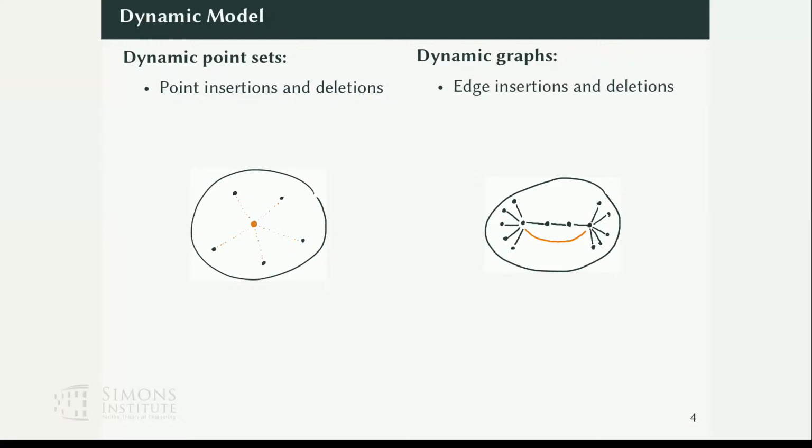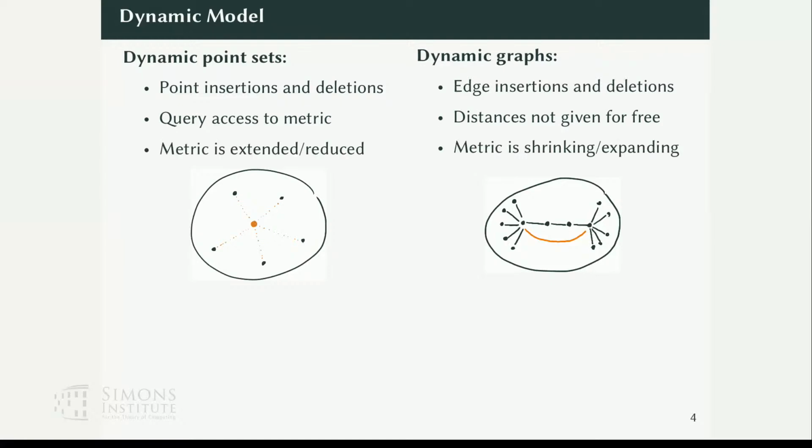Then there are many changes in this metric, right? So here we extend the metric by this point, and the other points are somewhat unaffected. And here we insert this edge, and it could happen that Omega(n^2) pairs change their distance, so the metric is changed a lot.